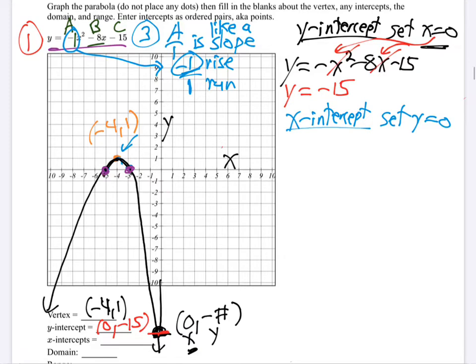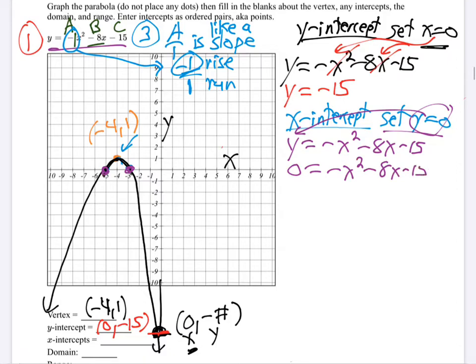So we've got them. But normally you would have to set y equal to 0 if it didn't coincidentally already have them. You would take the equation y equals negative x squared minus 8x minus 15, and you would plug in 0 for y. Whoops. And then you would have to solve.